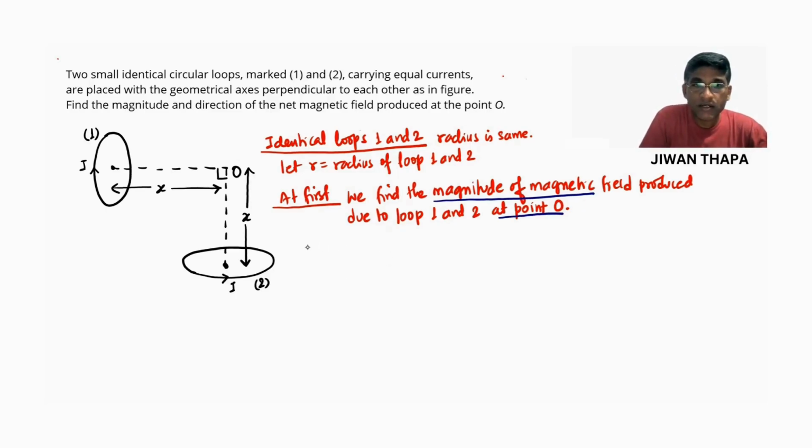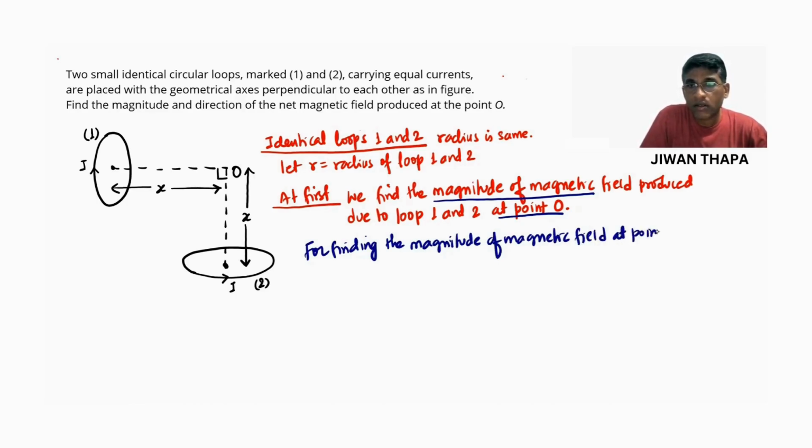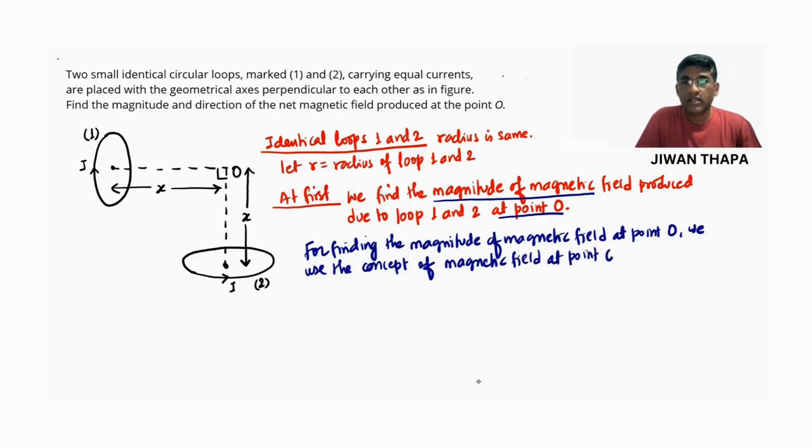So I'm writing, for finding the magnitude of magnetic field at point O, we use the concept of magnetic field at a point on the axis of a current carrying circular coil.